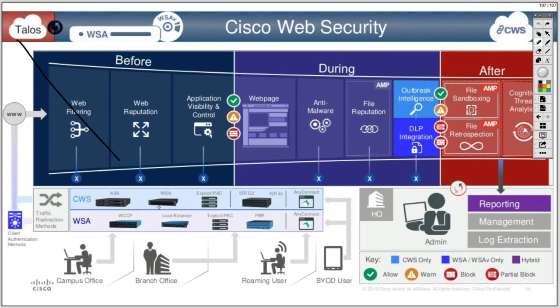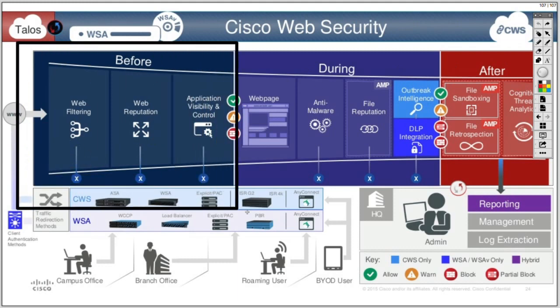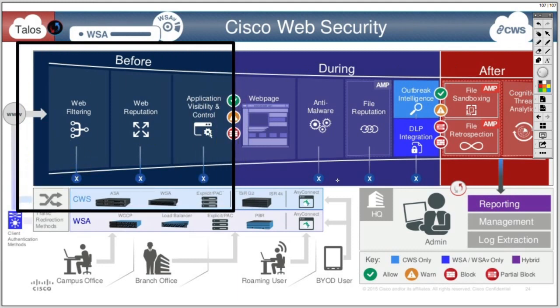In the before phase, how does web security appliance or cloud web security offer protection? In the before phase, traffic is allowed or disallowed, left to right, in the order the inspection is performed.